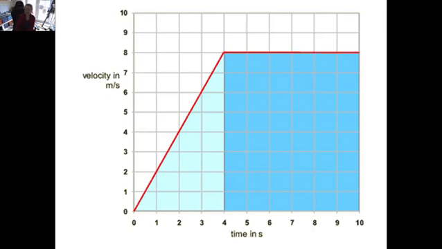Okay, so the easiest way of doing this is to break the area up into two separate parts. So we have this area here, which would be 4 times 8, which is 32, and we half it because we're looking at a triangle, and that gives a distance travelled of 16 meters.